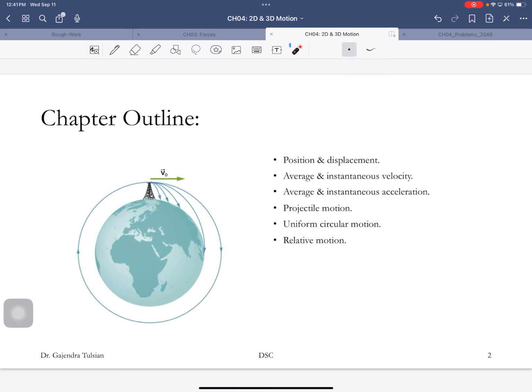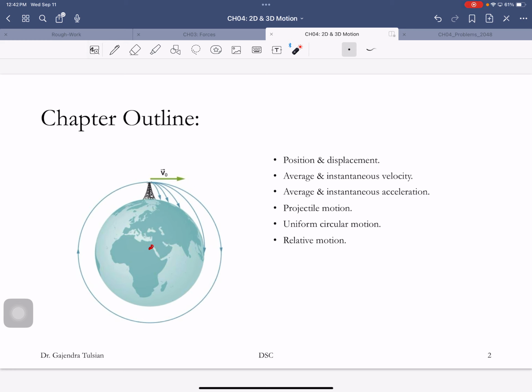Here's an interesting picture. If you get on a tall tower and throw a tennis ball or whatever, and if there was no air resistance, and this is the center of Earth, what is this trajectory?